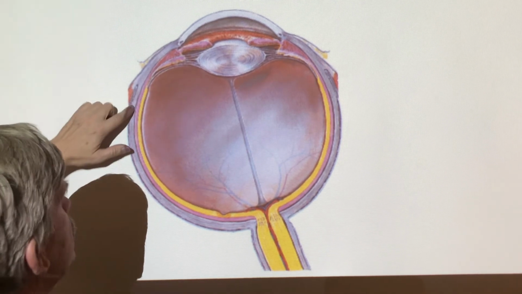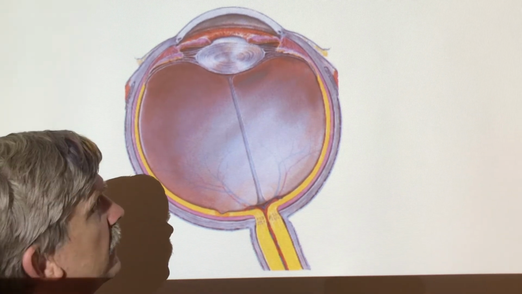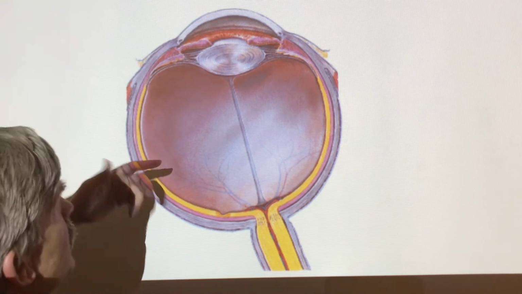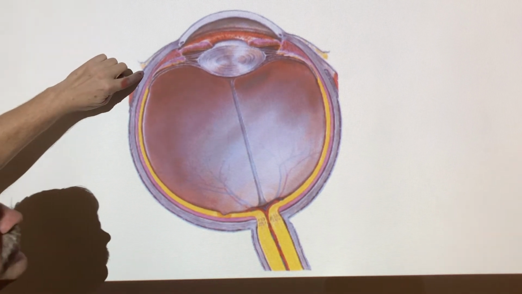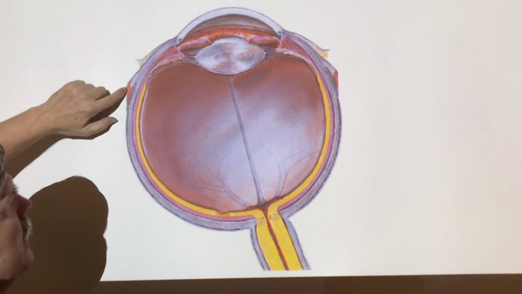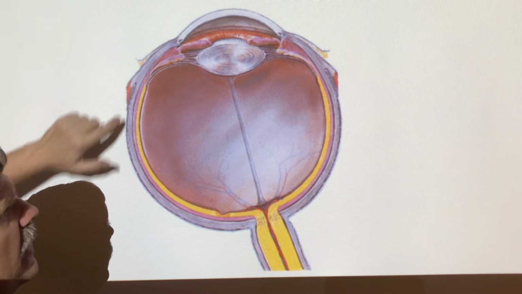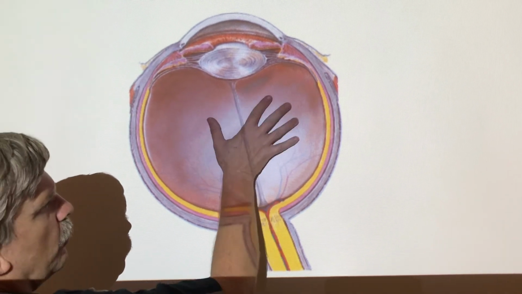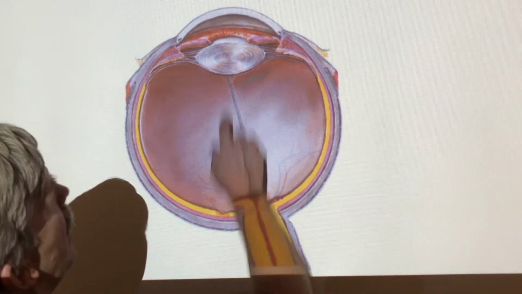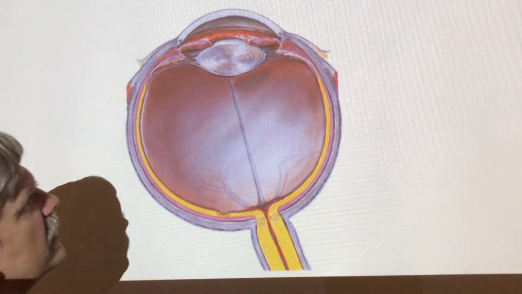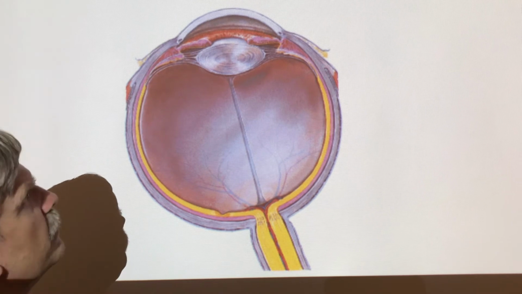And so the sclera does have some clinical application as far as maintaining the shape of the eye. Additionally, you need a strong connective tissue-like outer coating of the eye so that you can allow for the attachment of these extrinsic muscles of the eye so that you can move the globe of the eye in the orbit.